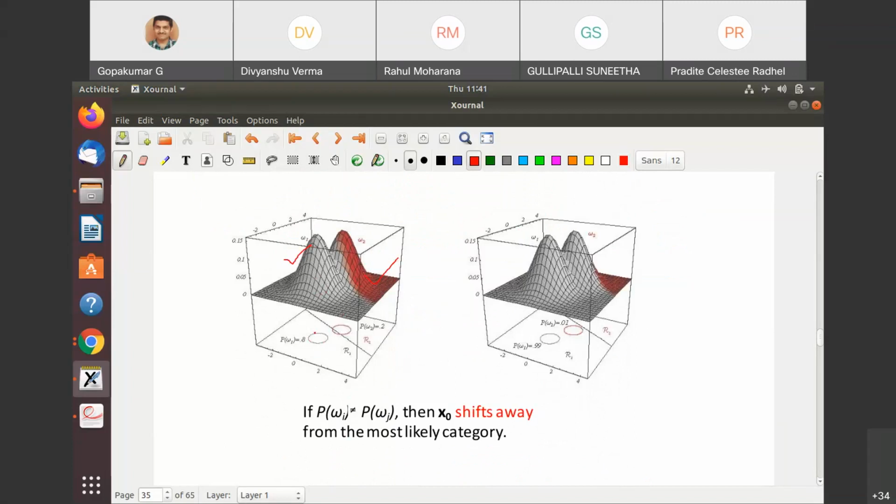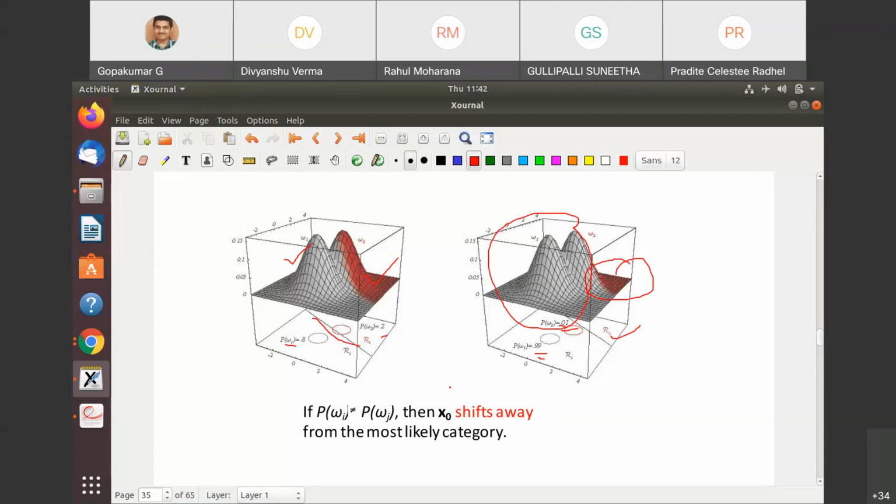We say 0.8 and 0.2 are the two probabilities, and in that case this is a decision boundary with respect to the projection. When you have 0.99 and 0.01 in another case, the boundary shifts more to this side, so that the red region R2 is very small, and the majority are going to be predicted as w1.